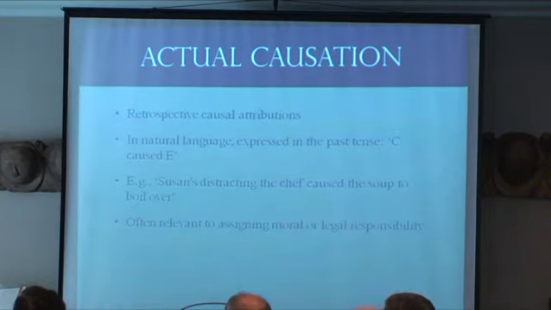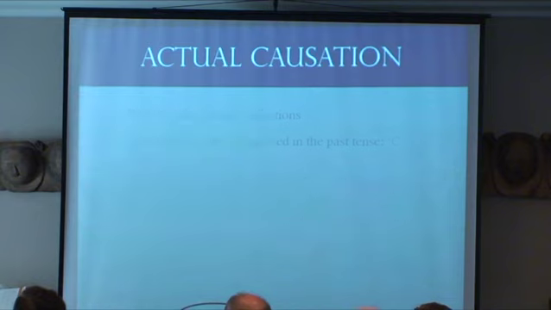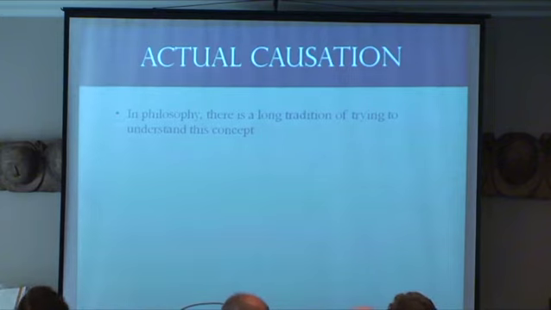So it's this kind of causal attribution that's involved in assessments of responsibility. And there's been a huge literature on this in philosophy, and a long tradition of trying to understand this concept of actual causation. So Judea was really jumping into a quagmire here in writing about this.